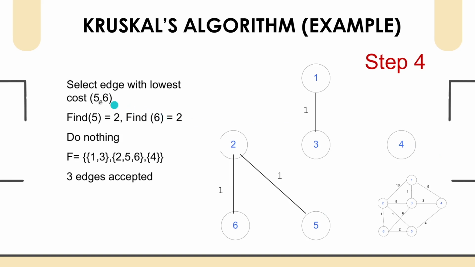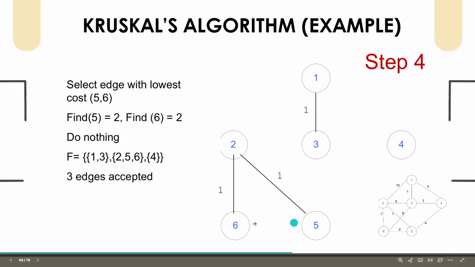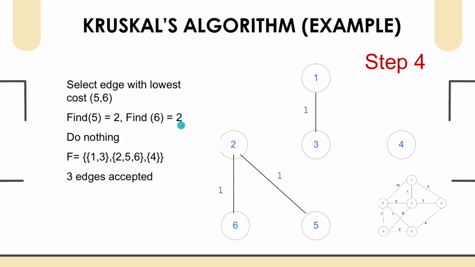For doing so, we do a find operation of 5. Find of 5 results in a value of 2 because 2 is its parent. We do a find operation on 6, which also yields its parent, 2, because initially there was 2, and to 2 we connected 5 the first time, and with 2 we connected 6 the second time, so for both of them the parent is 2.